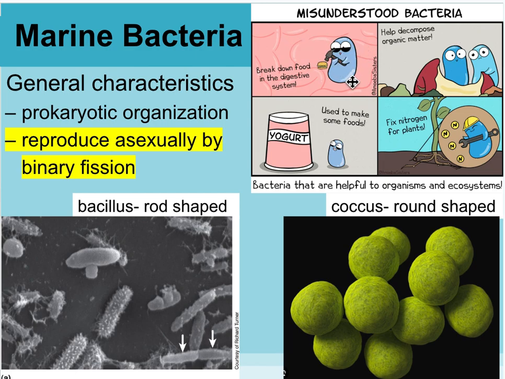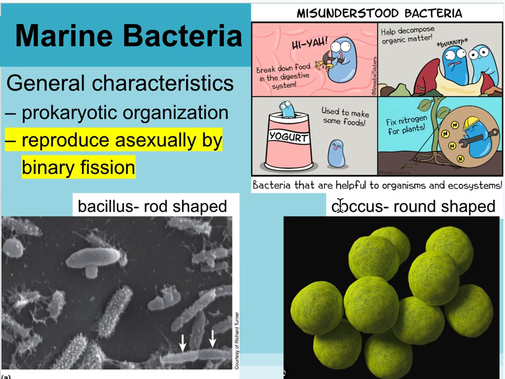A lot of organisms, even in the ocean, have this in their gut, and the bacteria in their guts do a lot of the food breakdown and give that food to its host organism. They also help decompose dead and decaying matter. We use them on land to make a lot of food, and they also can fix nitrogen and pull it from the air and put it in a form that we are able to use or other living things are able to use.